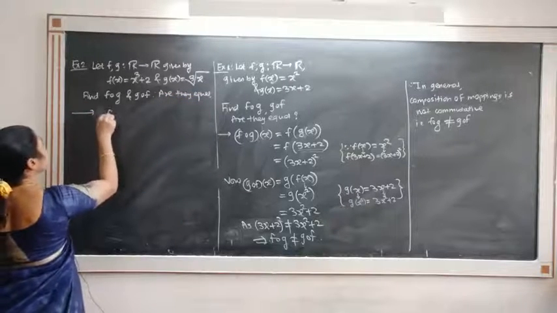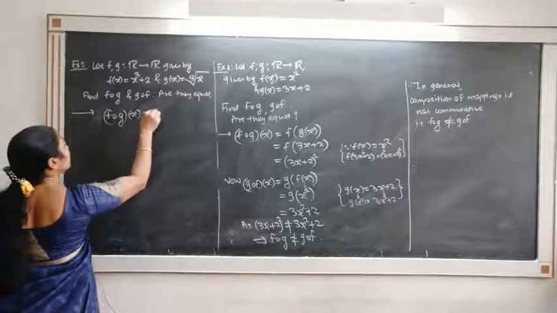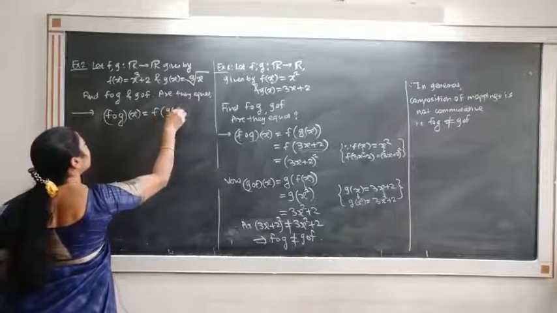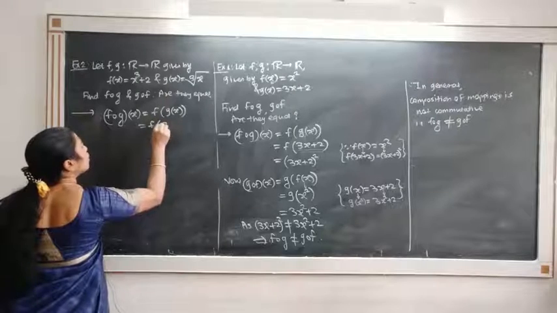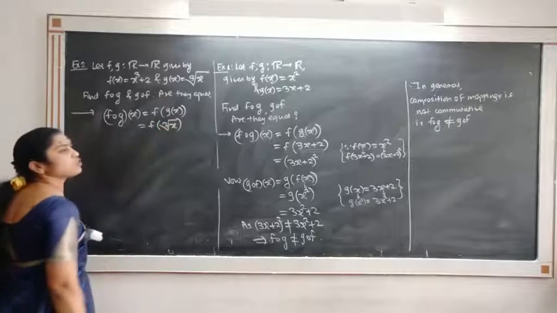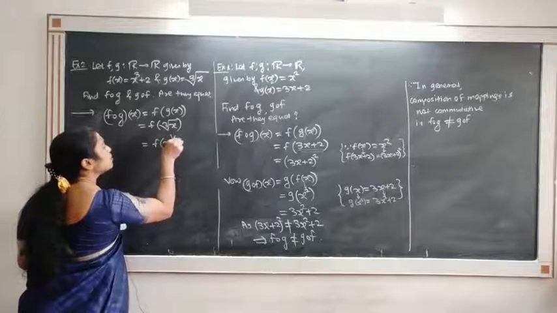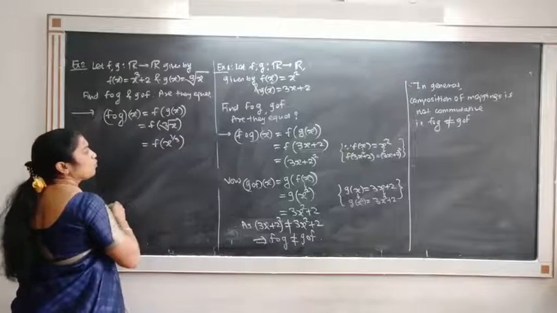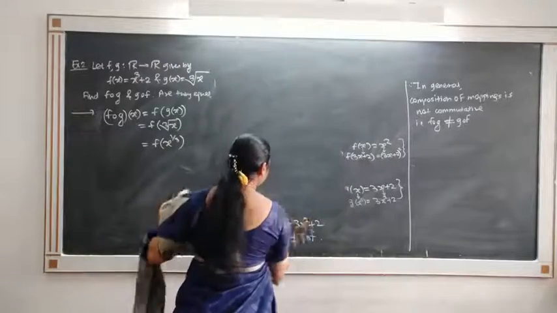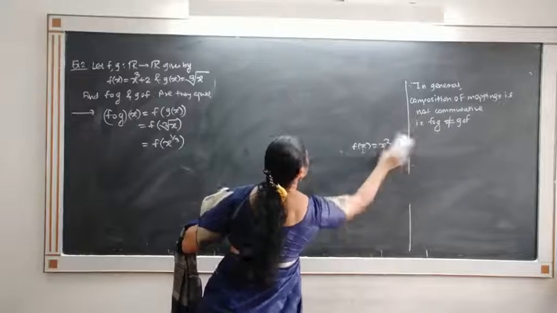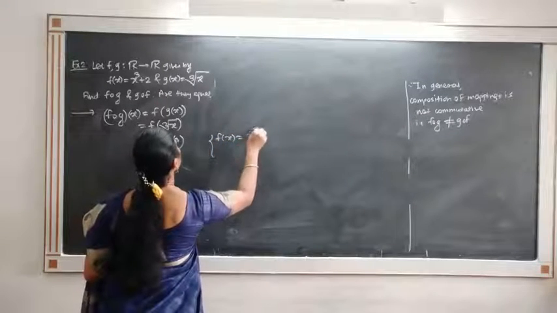So consider firstly f composite g. What is f composite g of x? By definition, it is f of g of x. Put the value of g of x. g of x is nothing but cube root of x, that is x raised to 1 by 3. So this is nothing but f of x raised to 1 by 3. Now use the definition of f. We have f of x is equal to x cube plus 2.